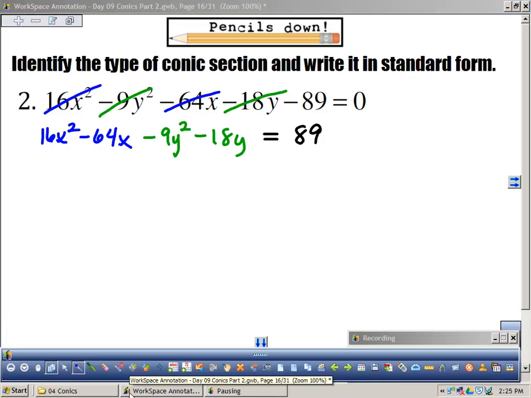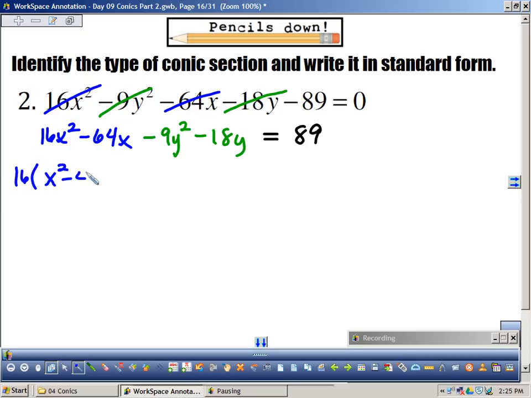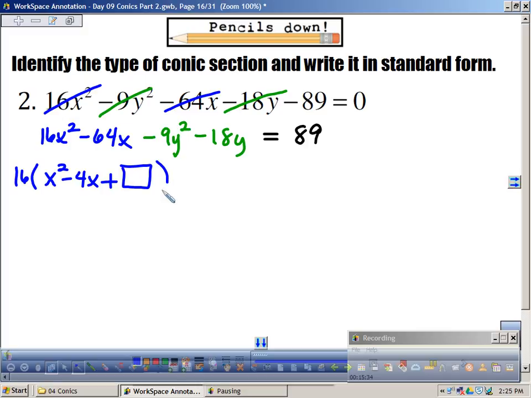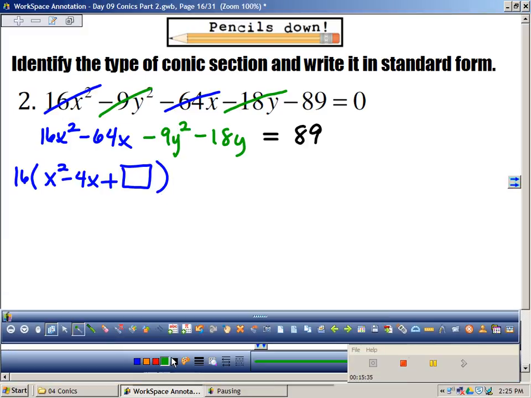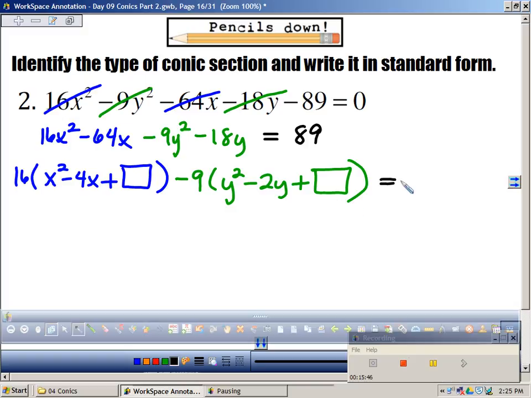Okay. So 16, if I pull a 16 out, I'd be left with x squared minus 4x plus something, minus 9, well, out of 9, y squared minus 2y plus something equals 89, but I'm going to have to add to that 89.